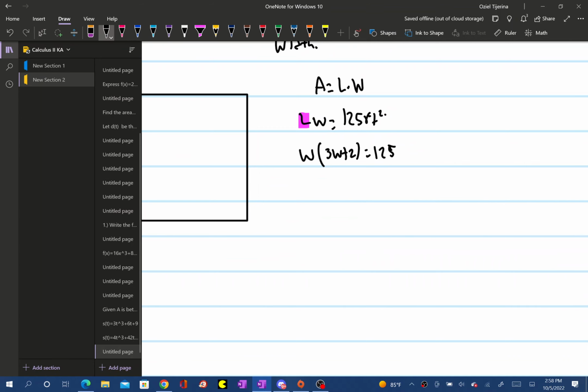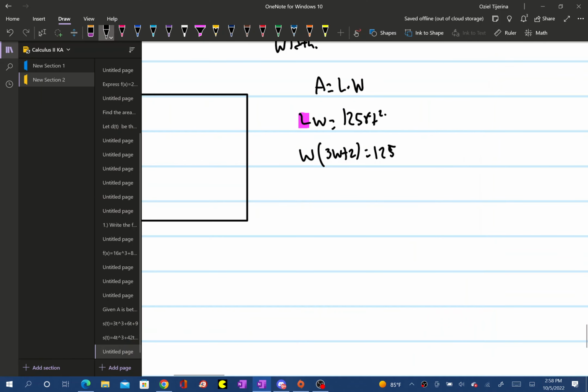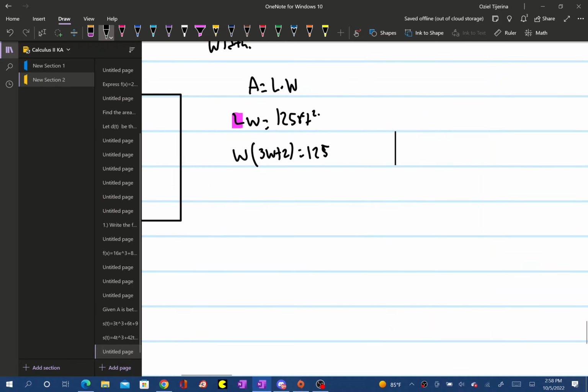And it's asking for the width, right? So it's going to be 3W squared plus 2W equals 125. And then you're going to subtract 125 on both sides, so 3W squared plus 2W minus 125 equals 0.